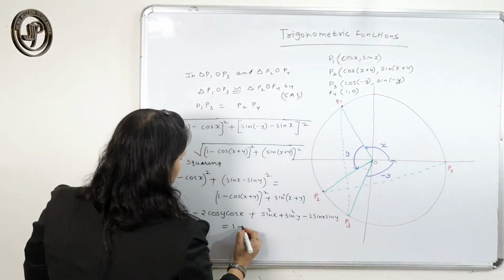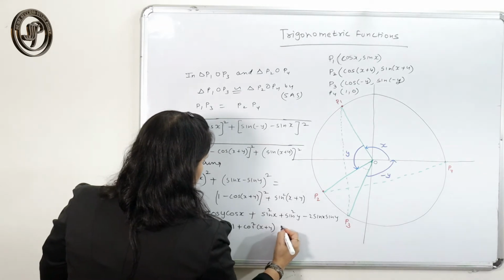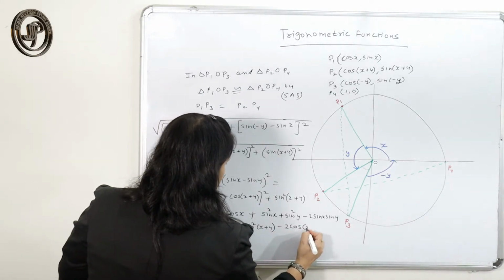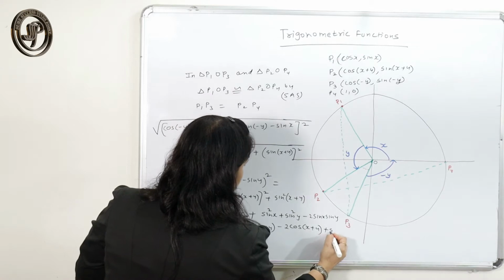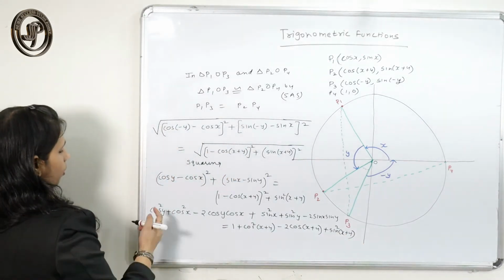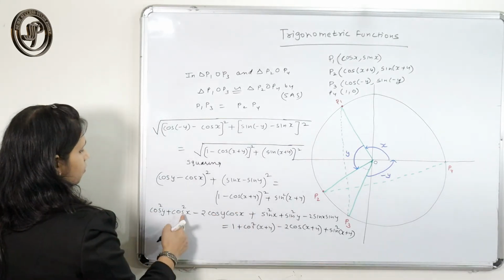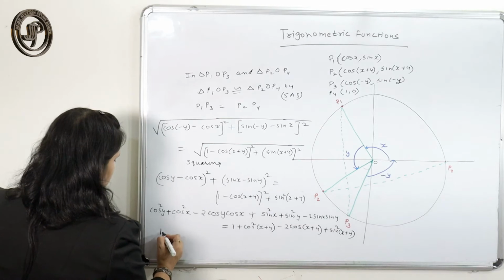is equal to 1 plus cos square x plus y minus 2 cos x plus y plus sin square x plus y. Now if you simplify, cos square y plus sin square y becomes 1, cos square x plus sin square x is 1.